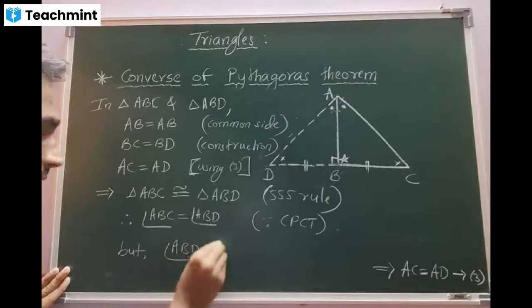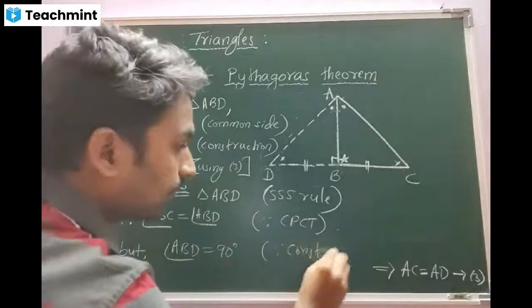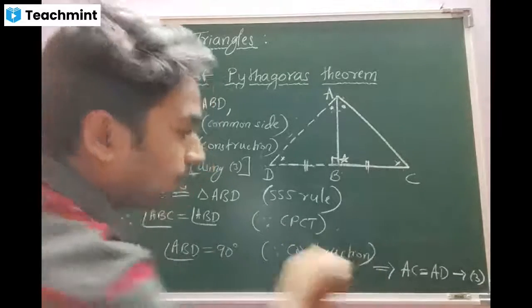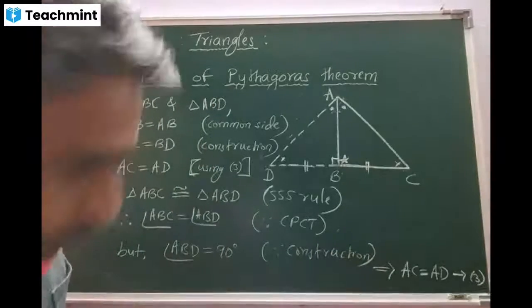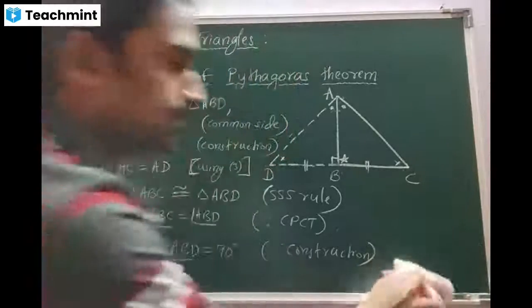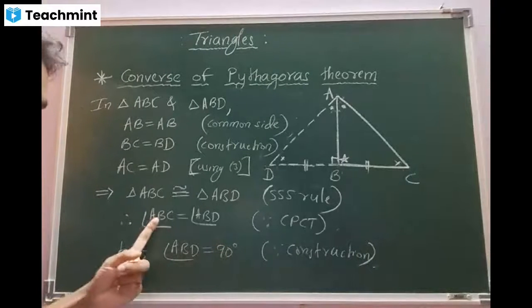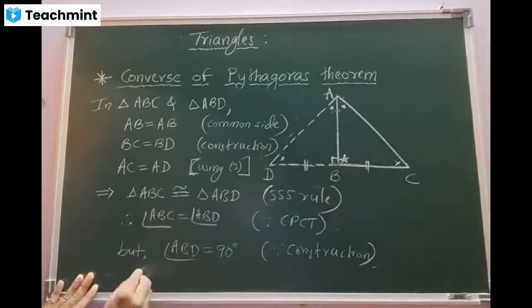Why, beta? Why is it 90 degrees? Because of construction. Because of the engineer's work we have done 90 degrees. Correct or not? Since it is 90, obviously ABC becomes 90 degrees. Am I right?